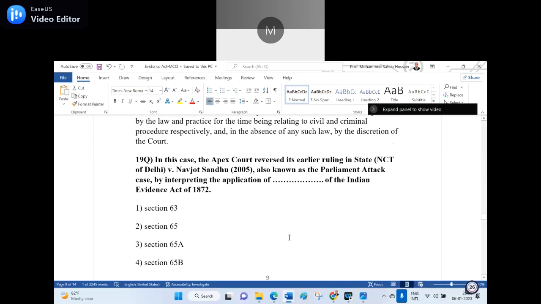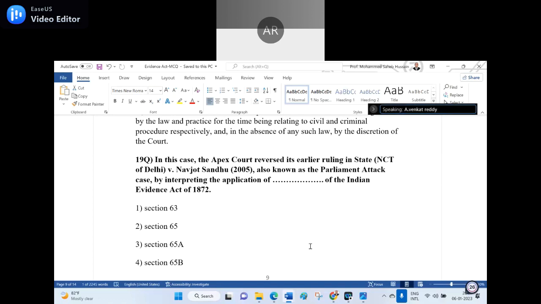Okay, now 19th question. Anyone can unmute and read? In this case, the apex court reversed its earlier ruling in State NCT of Delhi versus Navjot Sandhu 2005, also known as the Parliament attack case, by interpreting the application of dash of the Indian Evidence Act of 1872.